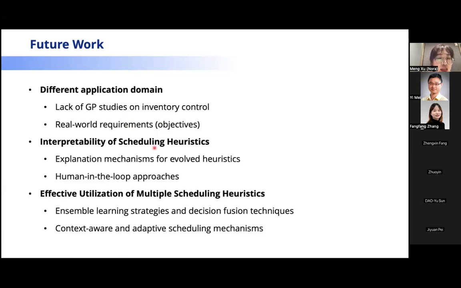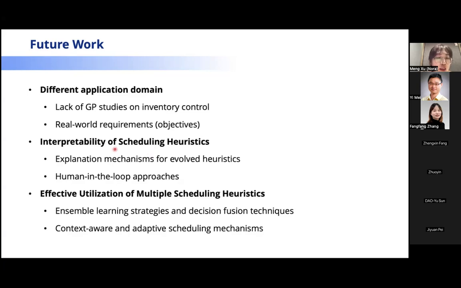And another thing is that we already verified that genetic programming methods can offer better interpretability. But actually, for real-world use, if the policy learned by genetic programming is very complex, if the tree has a very large depth, then its interpretability can also be not very good.